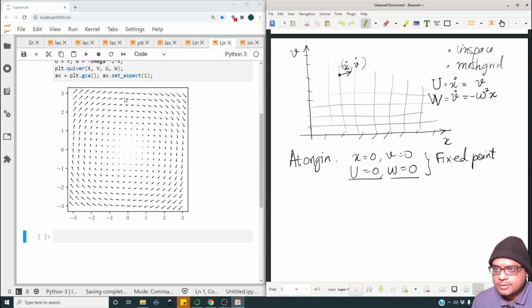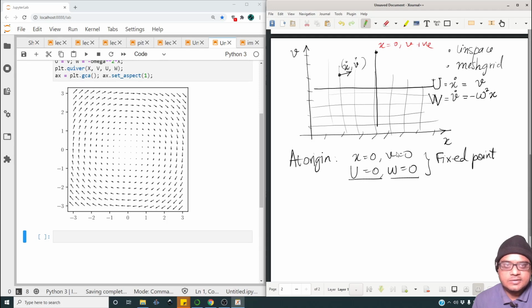Now let us look at a positive value of v. So let this be the origin. So a positive value of v and x equal to 0. So over here x is 0 and v is positive. So when x is 0 and v is positive, the v dot is 0.